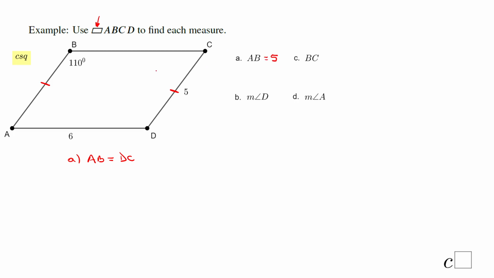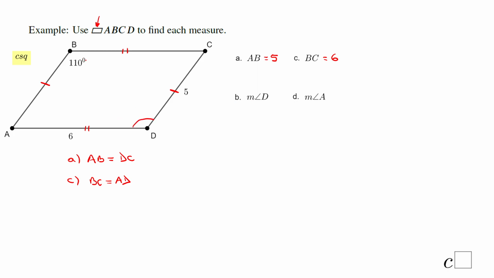Let's take a look at BC, which is this side. If you notice, I marked the same way with AD because BC and AD have the same measure. They are congruent. That is a property we just discussed. So BC is going to be also 6. Measure of angle D, this angle here.